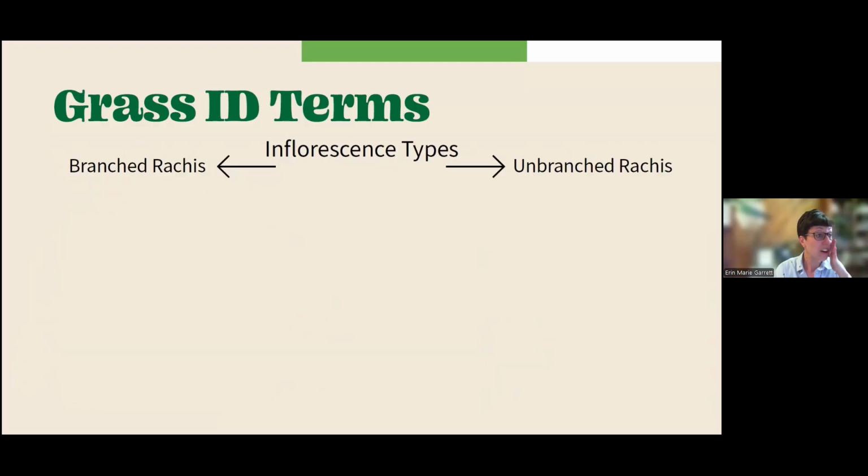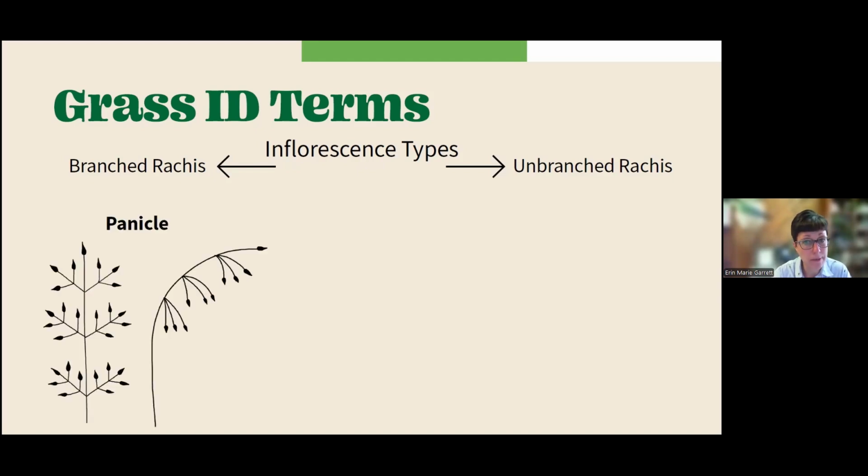Okay, when we look at identifying the type of inflorescence, the way those spikelets are arranged, we can break that down into three different categories, and we can do that by asking ourselves some paired questions. So our first paired question that we would ask is, is our rachis branched or unbranched? If it's branched, we're going to have a panicle.